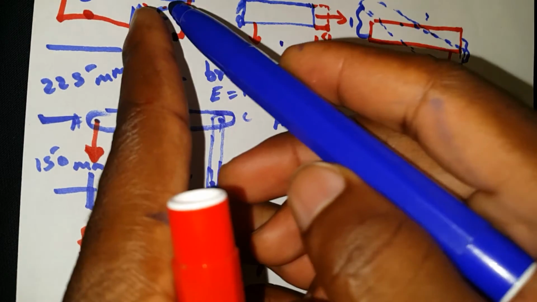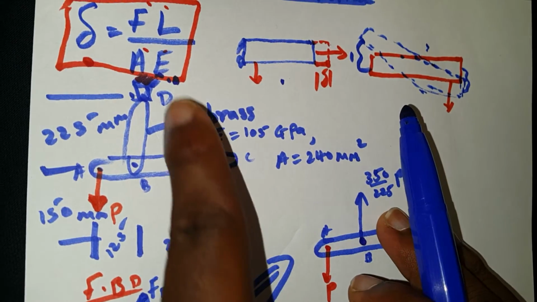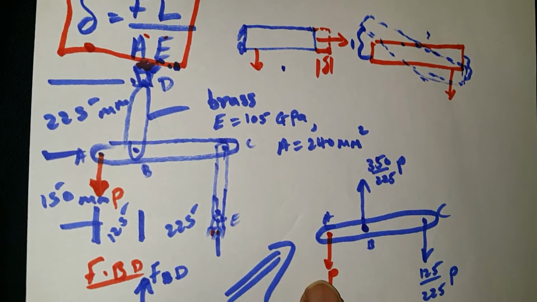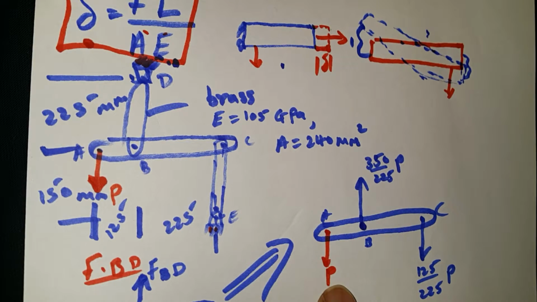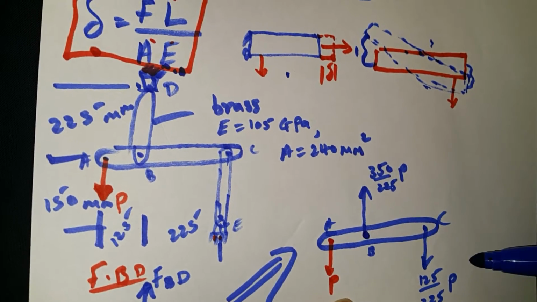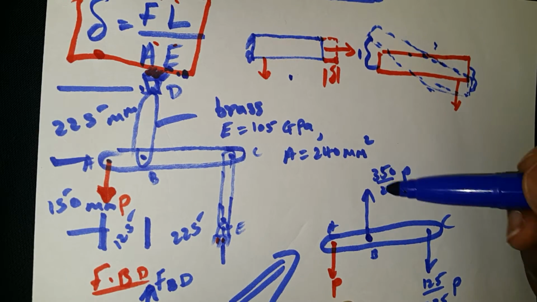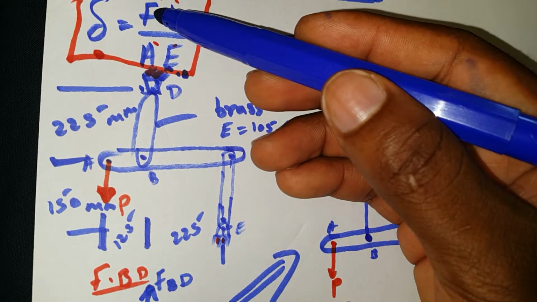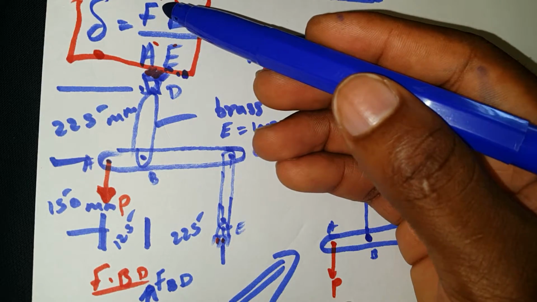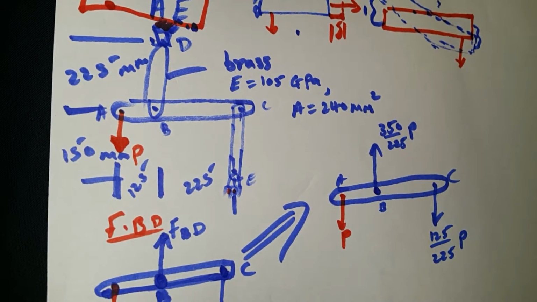So the value we found here will be multiplied by P. So now our force here is this times P. Is that clear? Okay, now let's do it.